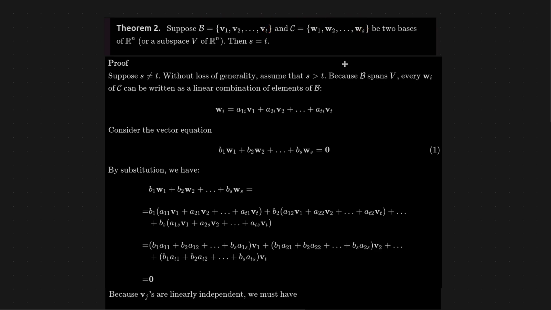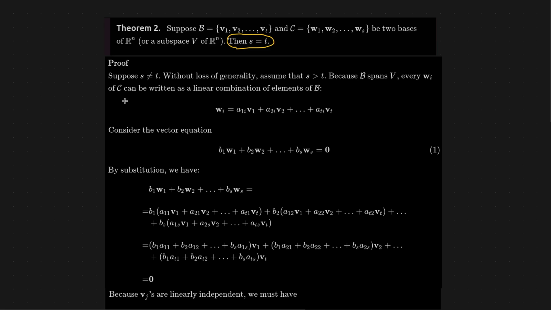So we're going to prove this by contradiction. In this proof technique, you assume the assumption. So we're assuming we have two bases, B and C, of a vector space. But then you assume that this isn't true.